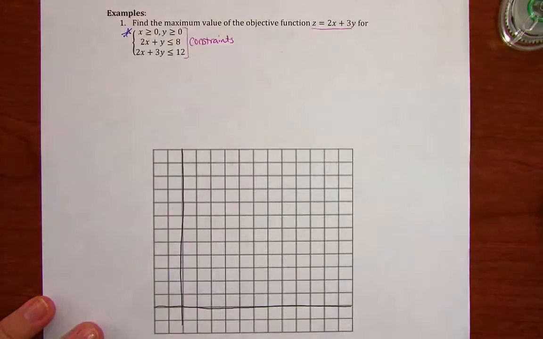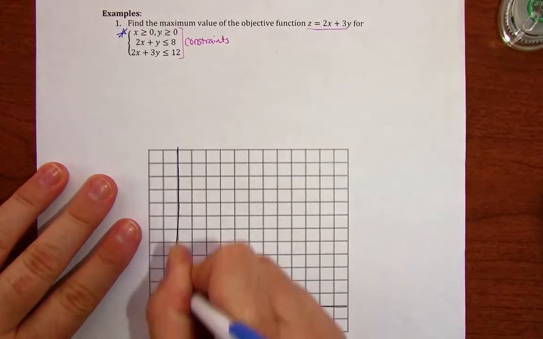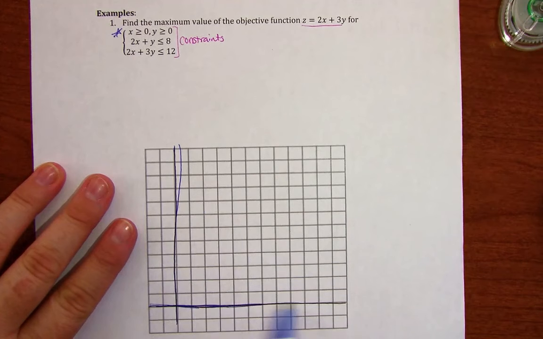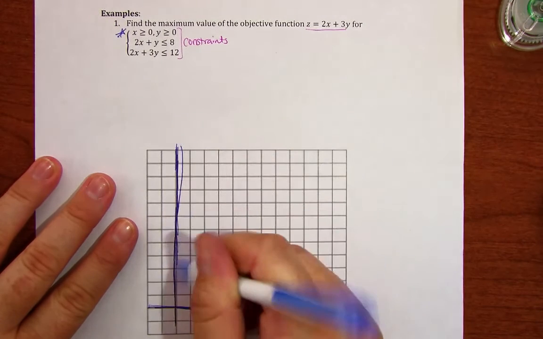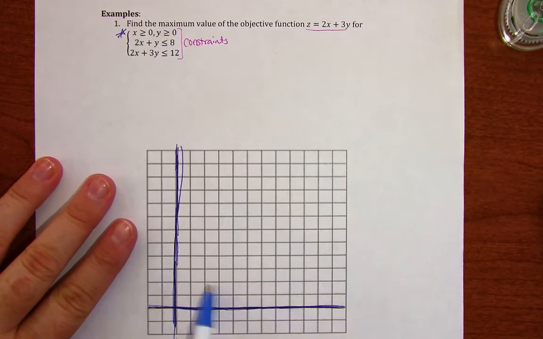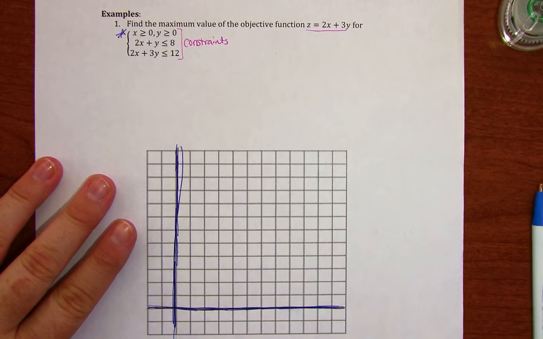I'm going to do this one in blue. So that would be a solid line here and a solid line here. I'm going to make them just a little bit darker so we can see exactly where they are. And we're saying greater than 0 and greater than 0, so we're really just looking at this first quadrant right here.